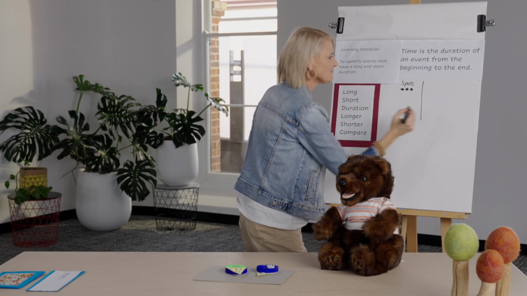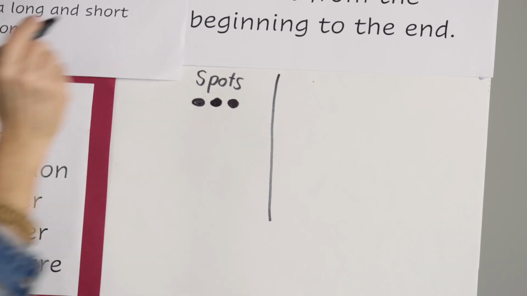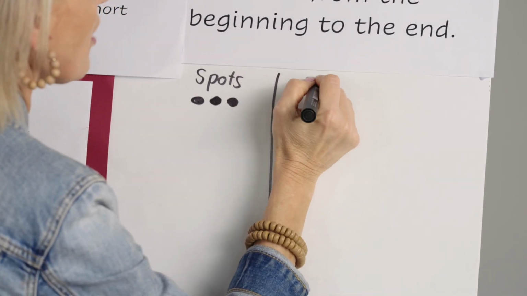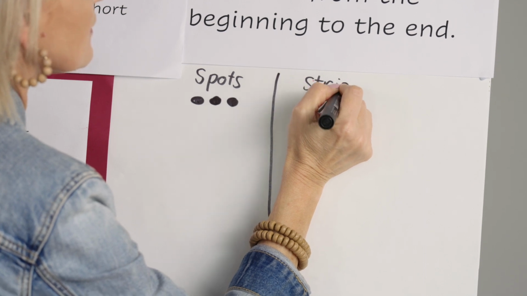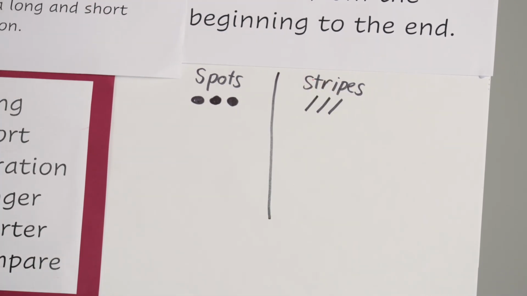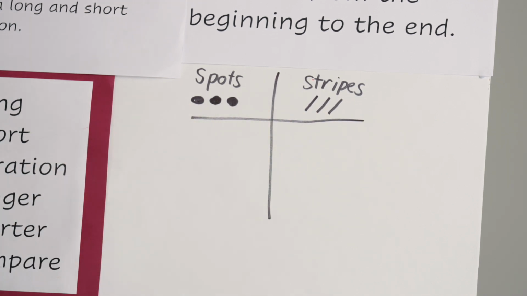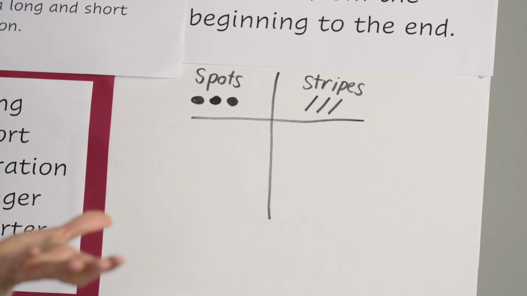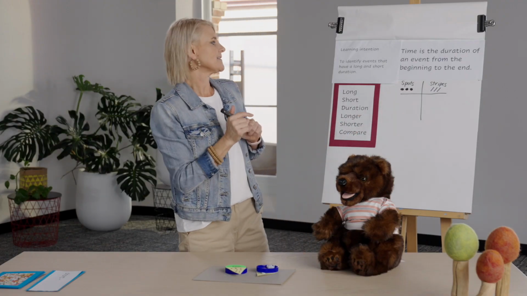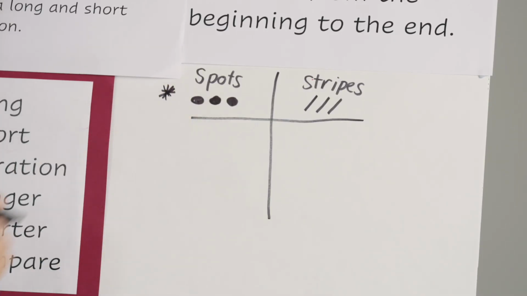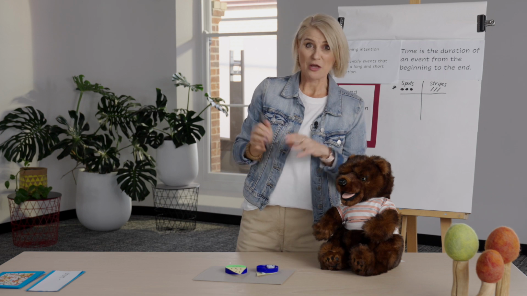I'll draw a line here and then over here I'm going to do some stripes and I'm going to write stripes. Now I wonder which one do you think is going to rock for the longest duration? You can predict. My prediction is maybe spots. I'll put a little star there. You could try and do this at home. Do a prediction and make a chart. Record your thinking.